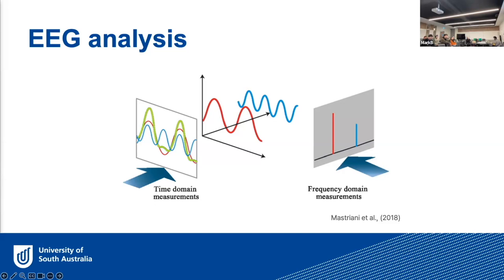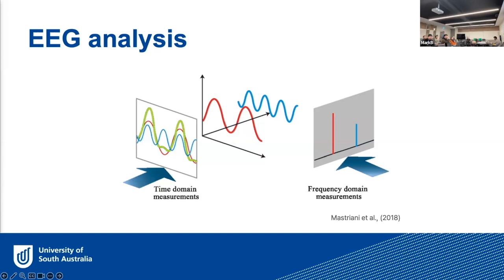Then there are two ways we can analyze this EEG signal. One is time domain measures, which means it's a continuous signal, but we cut these signals and then average them to figure out which temporal aspect is related to that brain signal.